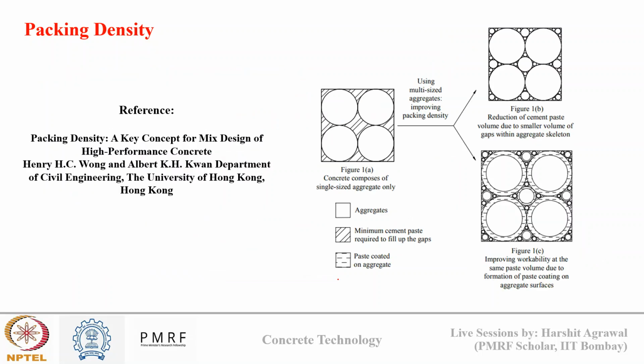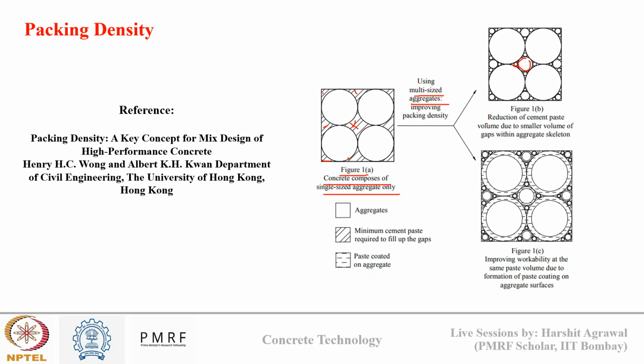Okay, the same concept has been explained here in the image also. You can see here in figure 1, you have a concrete composed of a single sized aggregate only. You can see there is a large amount of voids present that need to be filled by the cement paste. However, if I am using a multi-sized aggregate, what will happen? You can see here my smaller aggregates are filling the gaps between the larger aggregate.